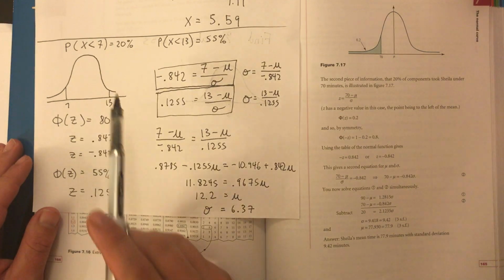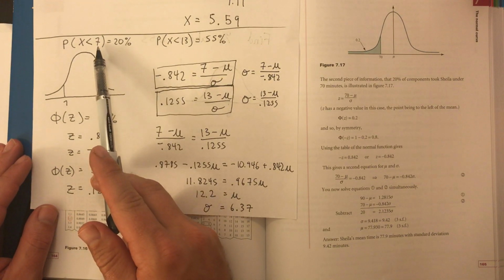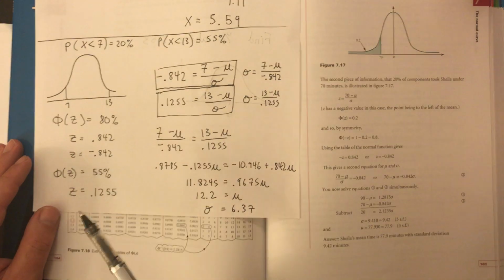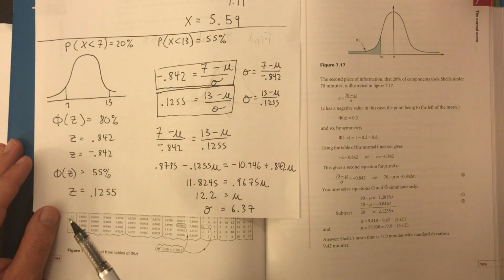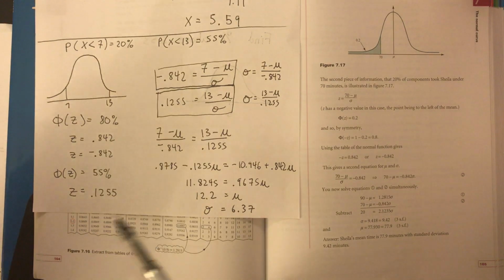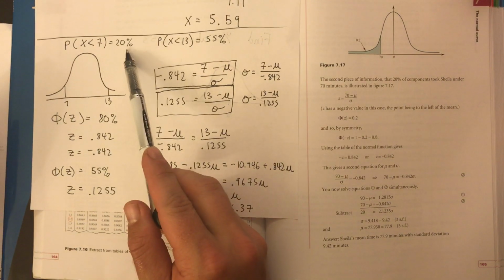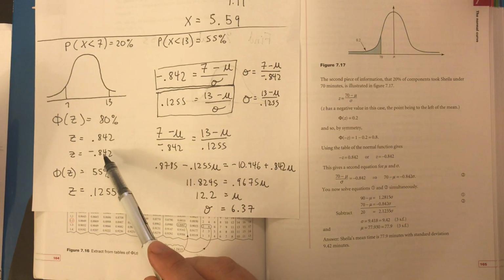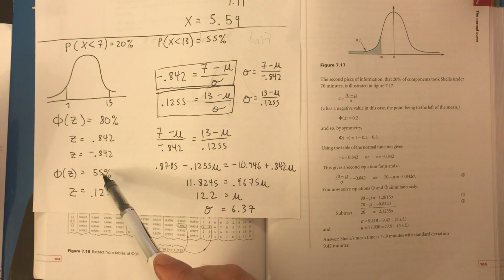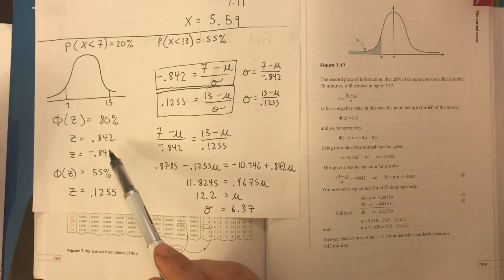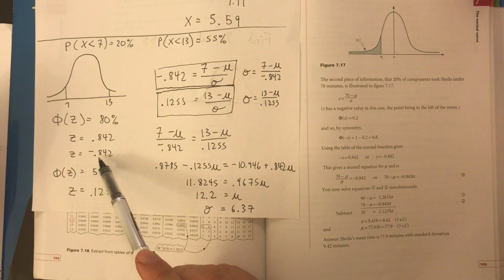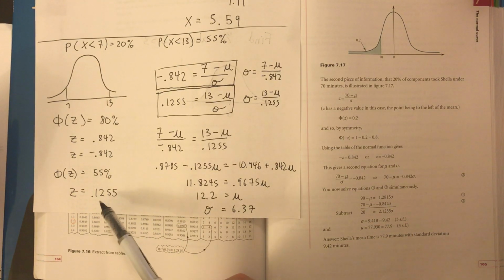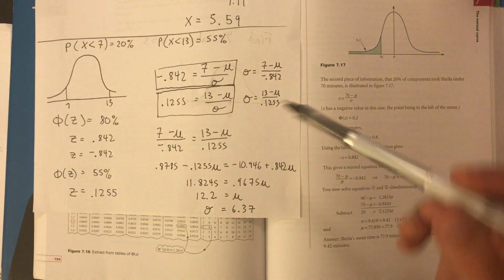You basically just do the process we did with the 7 and do the process with the 13. So here we're imagining, since 20% is to the left, we go with 80%, we make it negative. 55% is to the right, so we just look up and we find two different z-scores, negative 0.842 and 12.55.